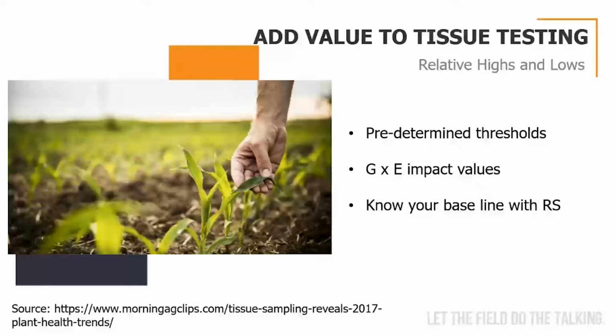But the benefit of having reference strips of nitrogen or any other nutrient is that it could provide a baseline. If you sample from that strip and it's going to be unlimited, it can provide a great deal of value to that tissue testing by adding that baseline.